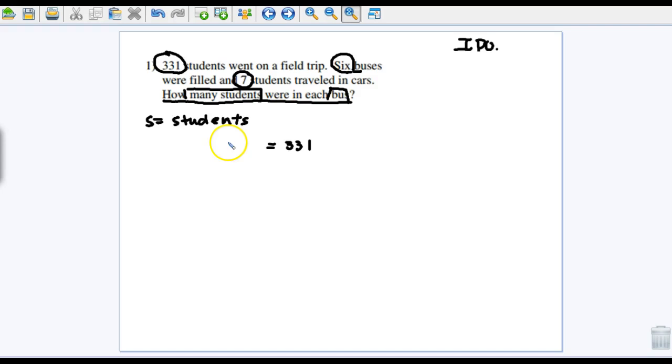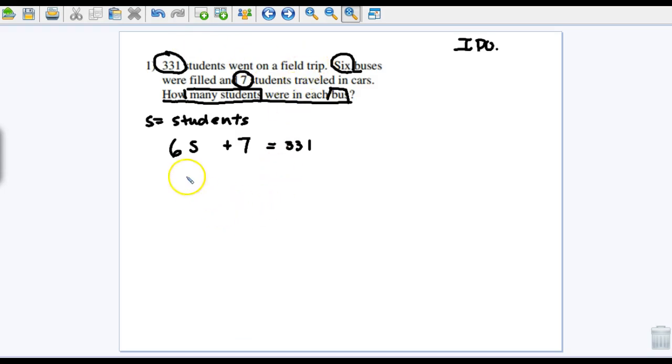I know that 7 students were in cars. And I know that there were 6 buses. So 6 times how many students plus 7 students that went in cars is going to equal 331. That's how I write up this word problem.